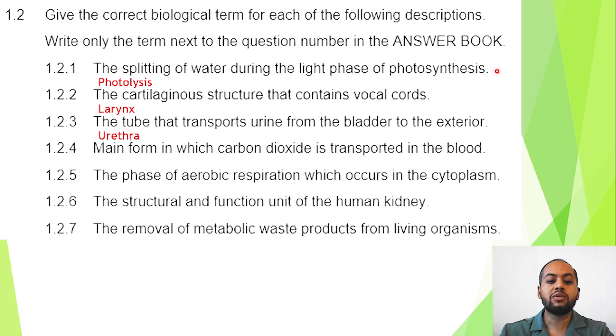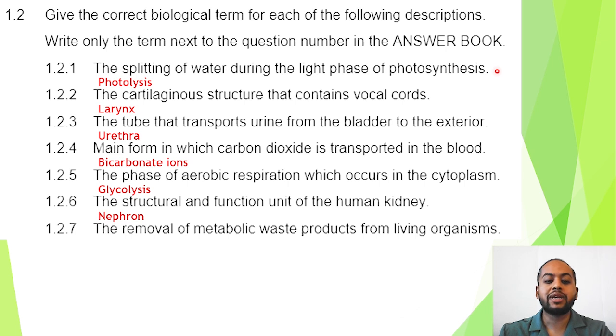The main form in which carbon dioxide is transported in the blood is bicarbonate ions. The phase of aerobic respiration, which occurs in the cytoplasm, is glycolysis. The structural and functional unit of the human kidney is the nephron.